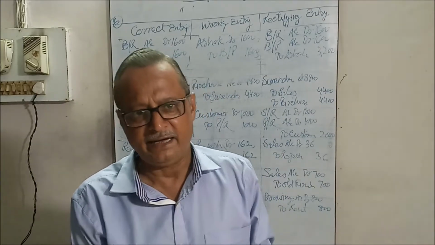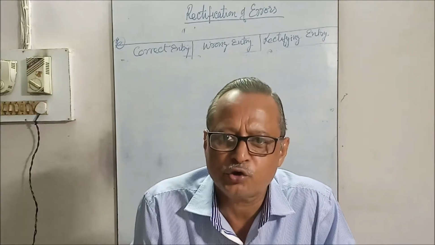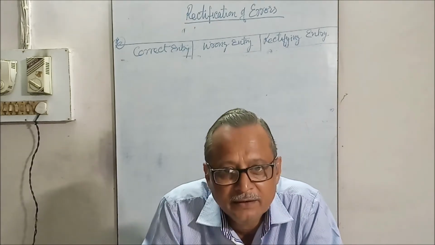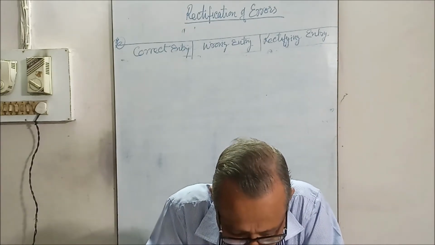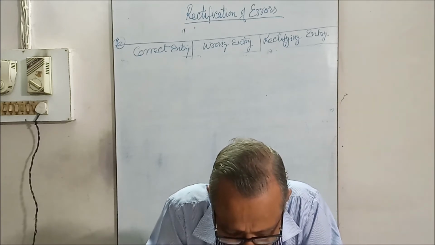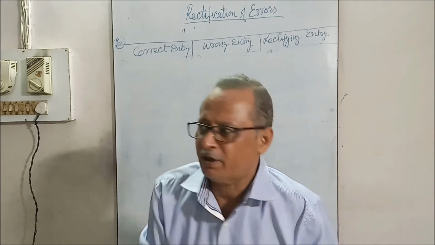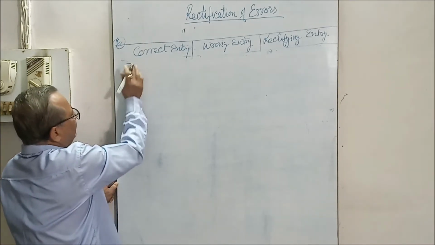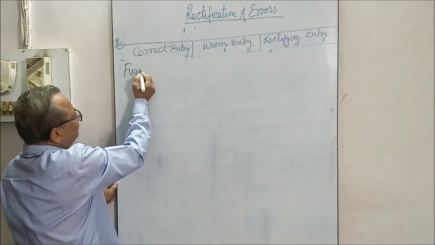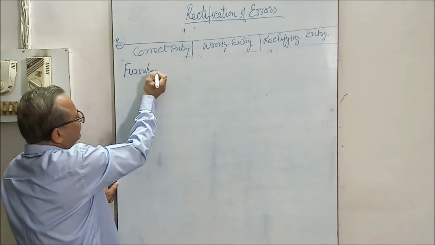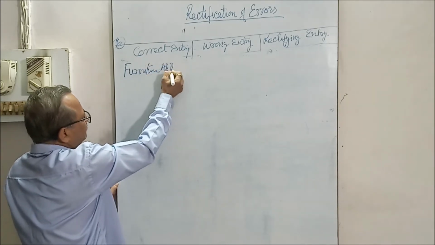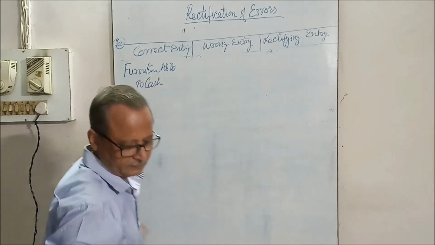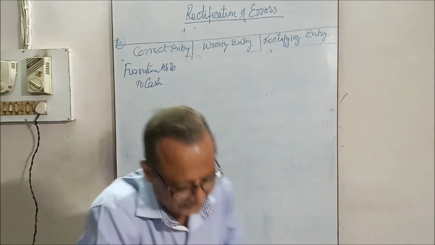Question number 8. Furniture purchased for rupees 10,000 wrongly debited to purchase account. To correct it, it should be furniture account debit to cash 10,000.